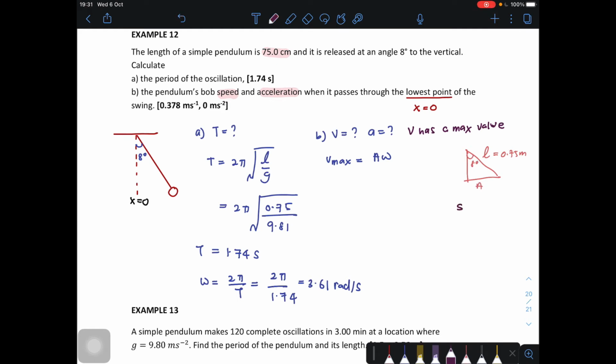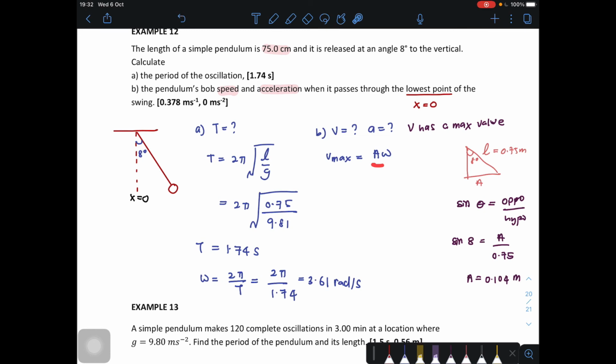So using sine theta, opposite divided by hypotenuse. So this is the opposite, and this is the hypotenuse. So you will get sine 8 is equal to A divided by 0.75 meter, which gives the value for A as 0.104 meter.